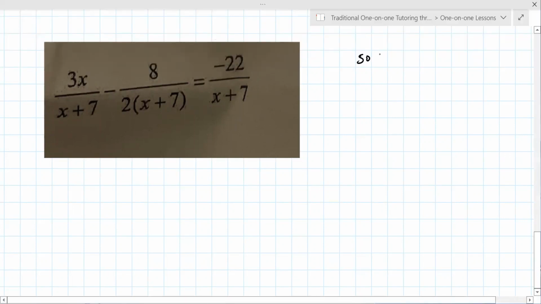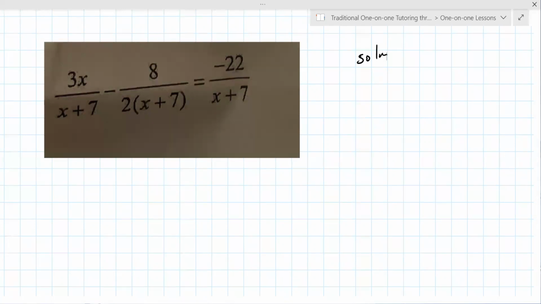And the first thing I mentioned is to make some exclusions, like figure out where the denominators equal 0. This one just says to show your work for the instructions, but sometimes they say to check your answer. And that's when you know you're going to be on the lookout for something.